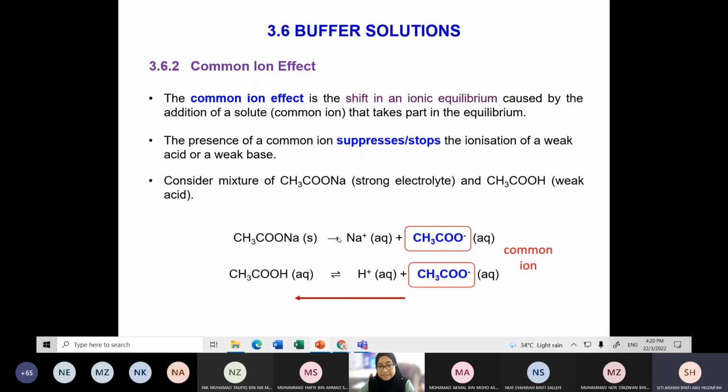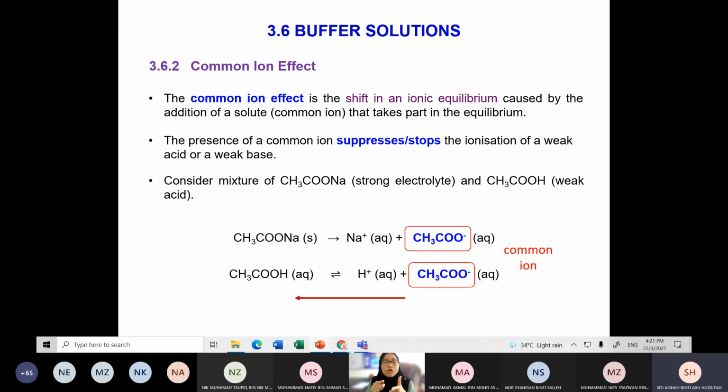When you add this salt into the weak acid, what actually happens is that this concentration changes, because the weak acid also produces this ion. Remember, in the buffer we have the weak acid and we have the salt, its conjugate base.